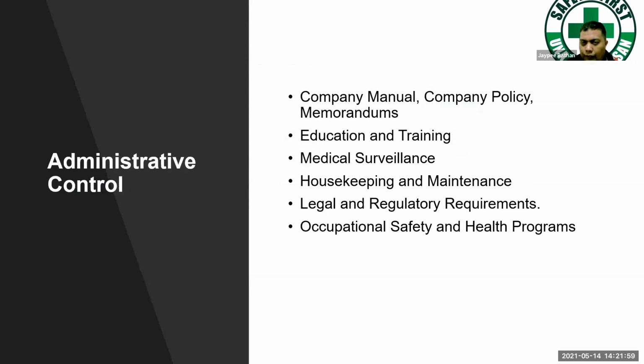In our company, we have policies, especially on security, safety, and health, and education and training for our employees, including COVID-19 prevention and controls, and medical surveillance, not only the physical examination but also the RT-PCR tests included in our medical surveillance.